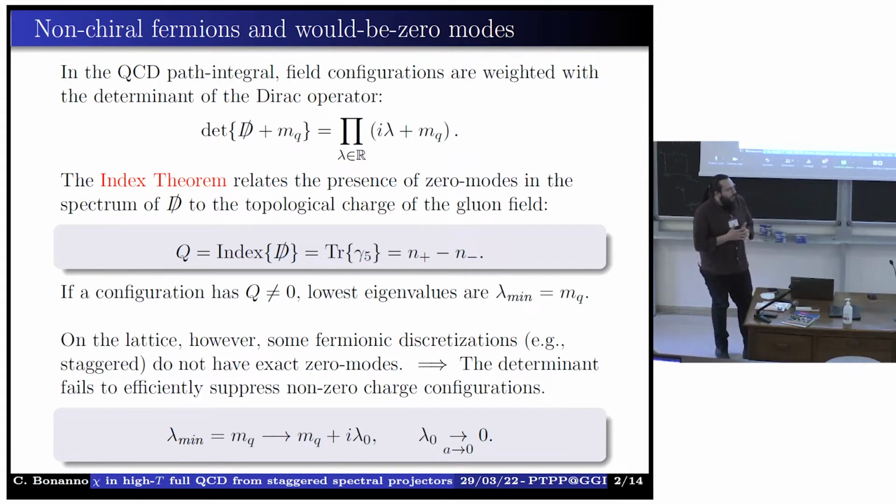On the lattice, however, if we adopt non-chiral fermions in the action, for instance staggered fermions, which are the ones that we have adopted in this work, we don't have exact zero modes because they would be chiral otherwise. So this suppression is not as efficient as in the continuum because we have the so-called would-be zero modes. Essentially, we have a shift in the lowest modes, and this shift is expected to vanish in the continuum limit.